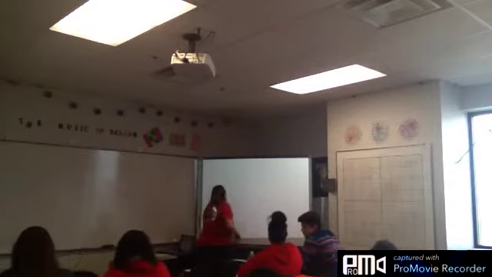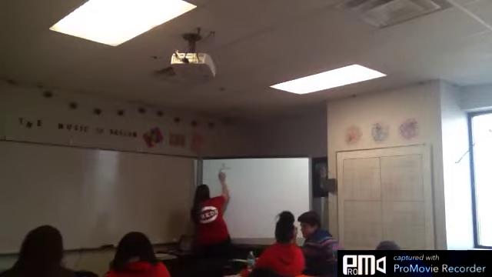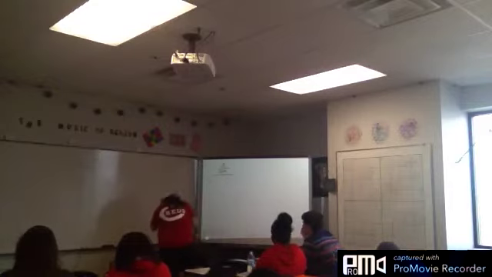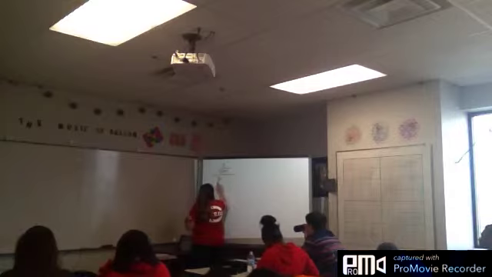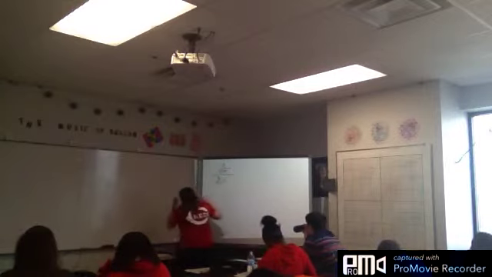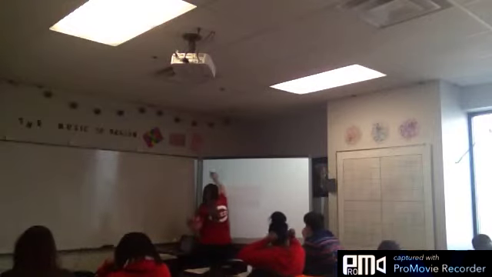Let's try one like this. Let me find one that I like. 3 over x plus 5 over 2x minus 3 plus... actually, I want to pick a different one, I'm sorry.